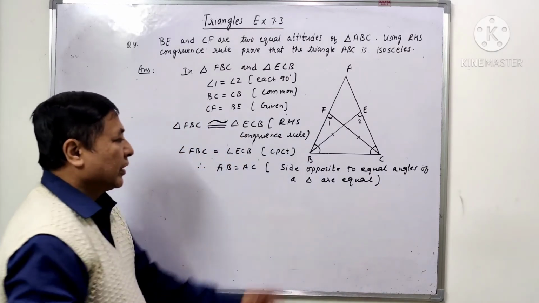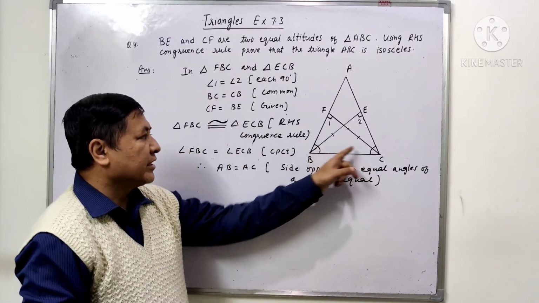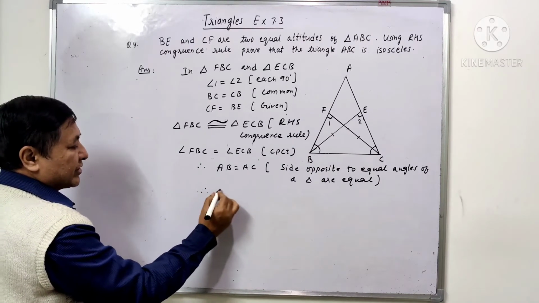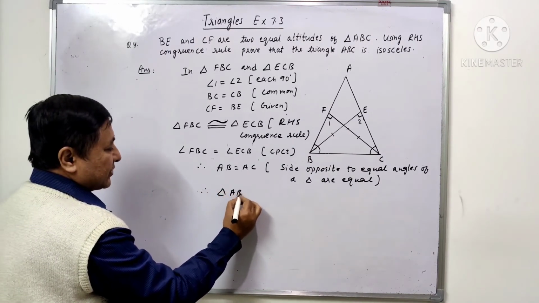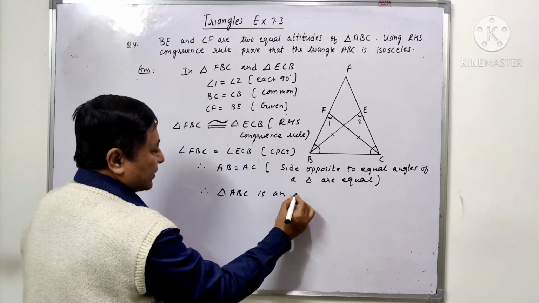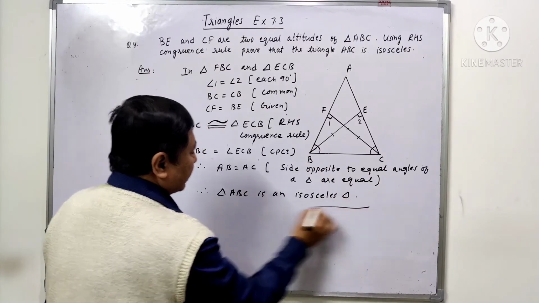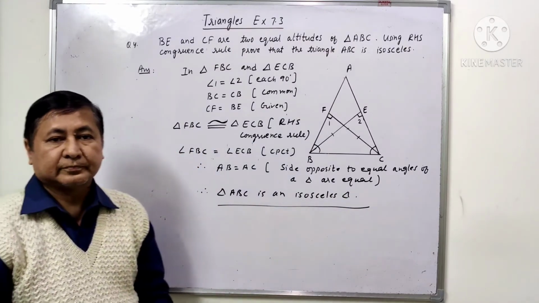When two angles are equal, then the sides opposite to equal angles are also equal. So AB is equal to AC. Therefore, we can say that triangle ABC is an isosceles triangle, that we had to prove.